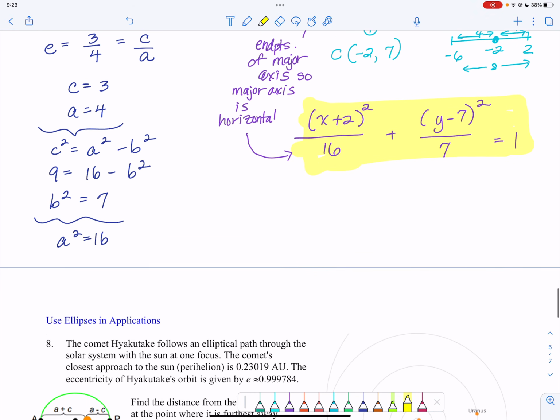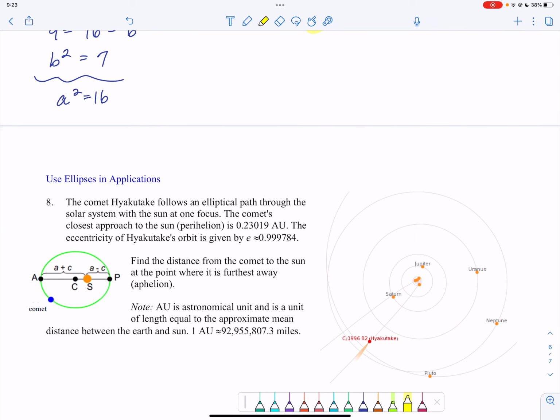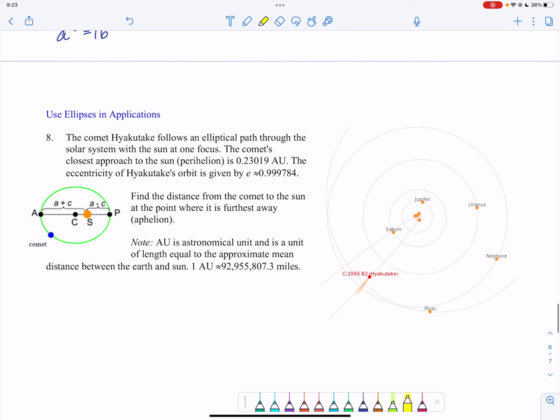Now, let's use ellipses in applications. So, this comet, Hyakutake, follows an elliptical path through the solar system with the sun at one focus. And the comet's closest approach to the sun is 0.2319 AU. And the eccentricity of this orbit is given by this decimal, 0.999784.